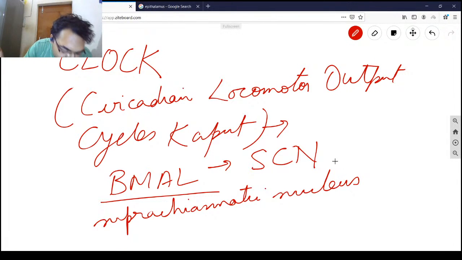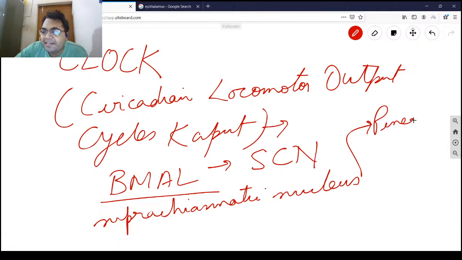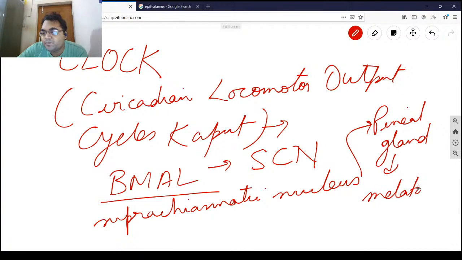Now, this specific set of neuronal cell bodies will stimulate transcription of these clock genes, and those will in turn stimulate the pineal gland, present at the posterior portion of the epithalamus, and stimulation of the pineal gland will cause synthesis of melatonin.